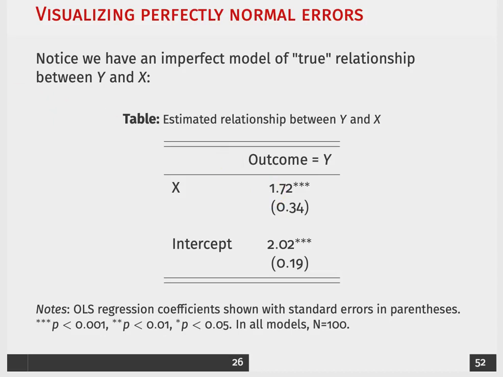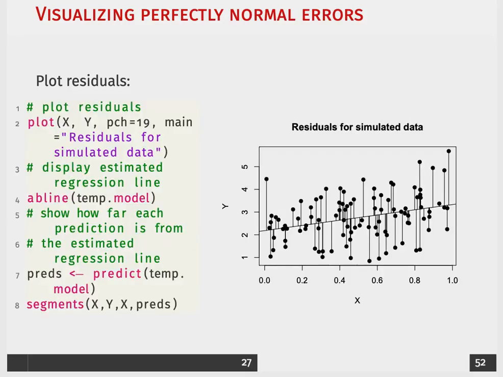But again, there's some error in that. So we're not getting exactly the true relationship. We're getting close. Now, if we added in more and more observations, we would find that we're going to get closer and closer to the correct or true underlying relationship.